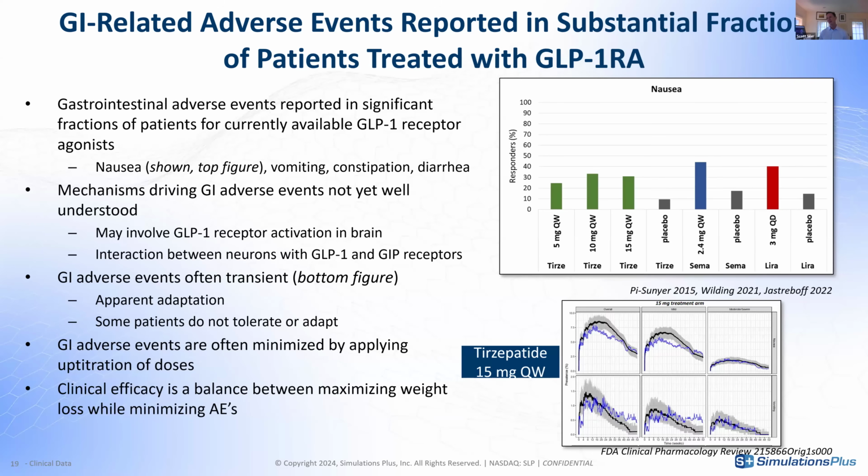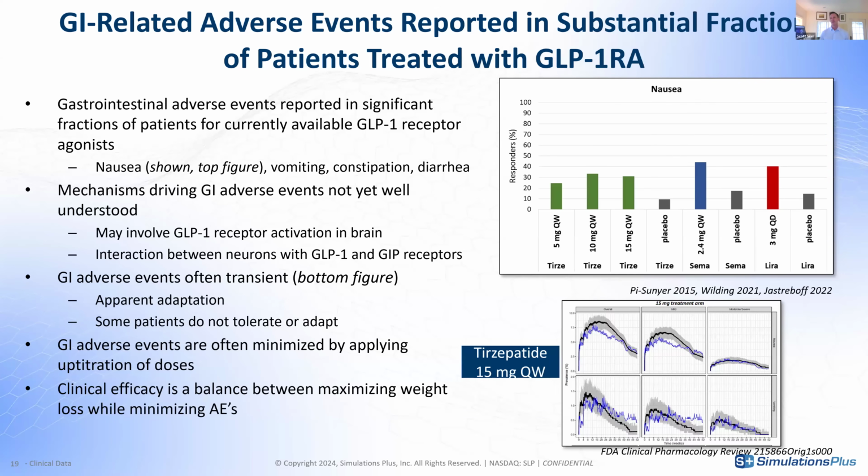and liraglutide. Also, I think the figure on the bottom shows nicely that sort of adaptation that occurs, especially when you look at the second half of this. So this is a temporal profile of self-reported feeling nauseous. And once a patient is acclimated to a given dose, you can see the reduction in nausea over time, right?